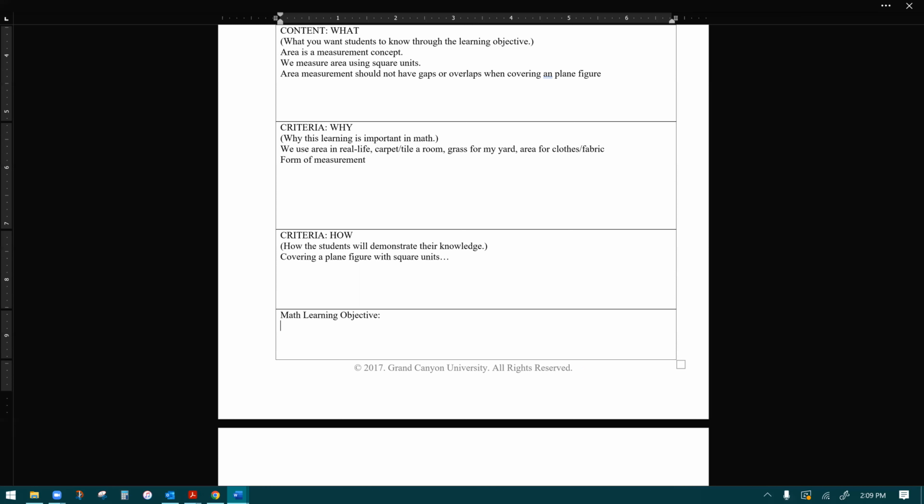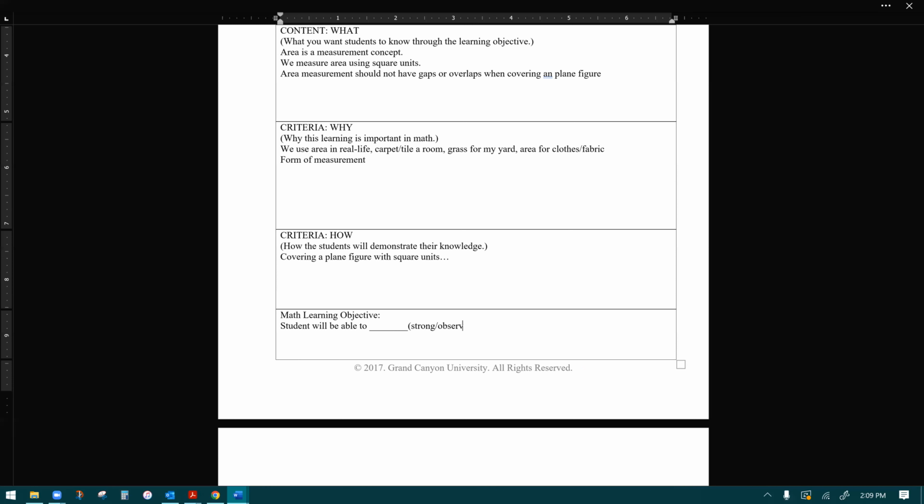So if my goal is students will understand area, that's really great. It's a goal, but understand is hard to measure. We want to write an objective in which we can observe it and see if kids can do this by the end of our lesson. So let me give you an example. Typically, we start with students will, or students will be able to. Then there's a strong verb right here.